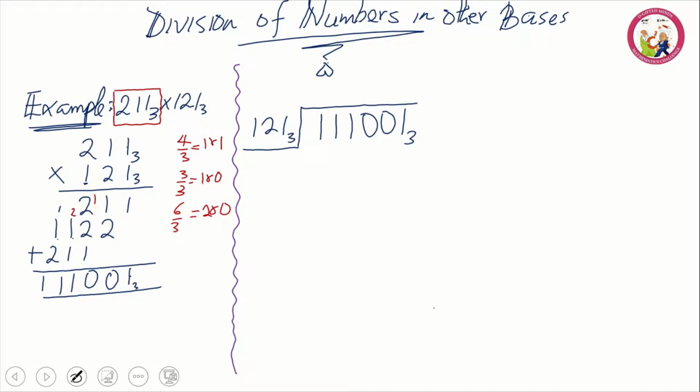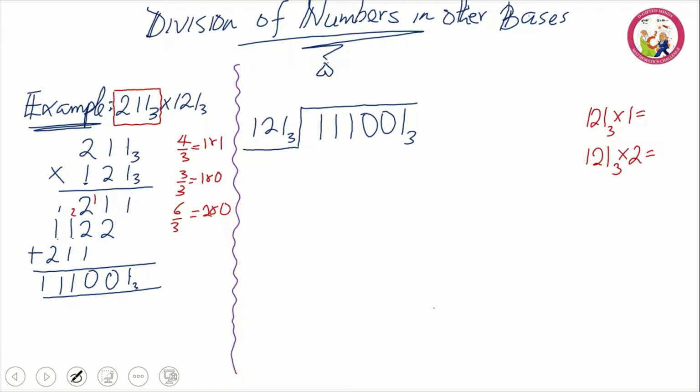Now that we have gotten to this point, what I advised earlier is to get the multiplication table of the divisor. In this case, the divisor is 121 base 3. So I need 121 base 3 times 1 and 121 base 3 times 2, and that will be all, because I'm working in base 3.